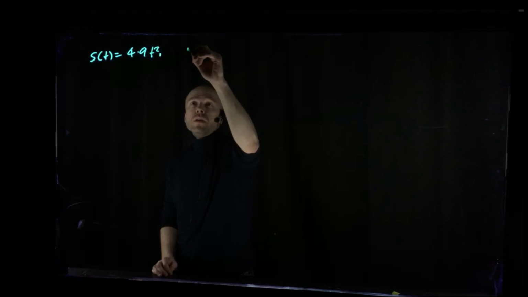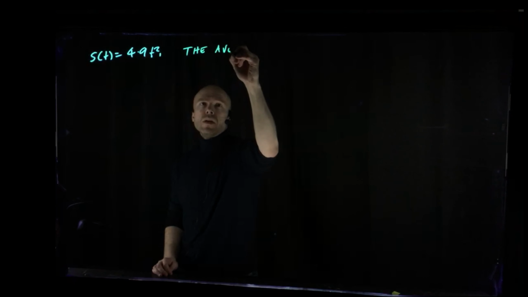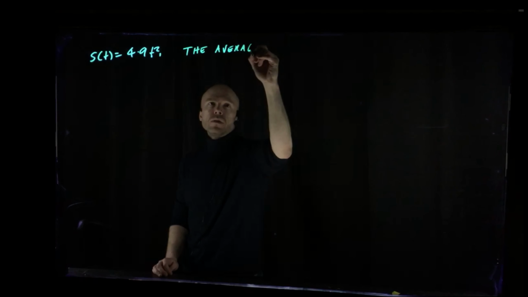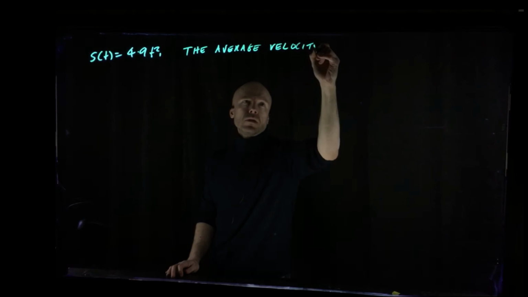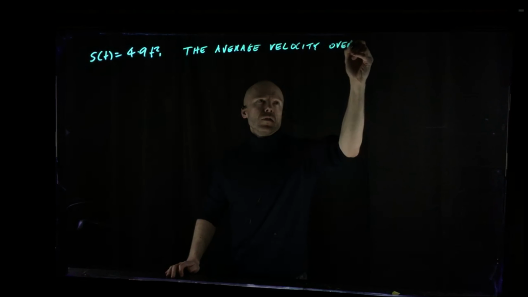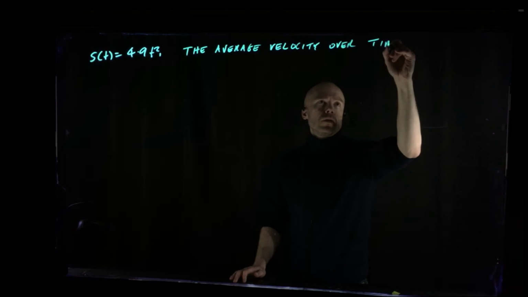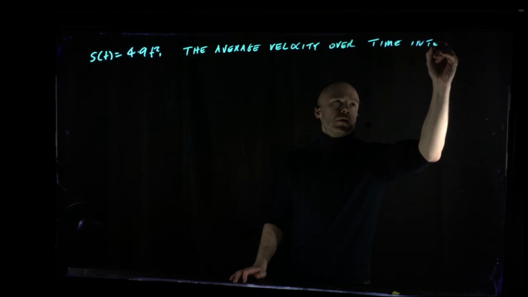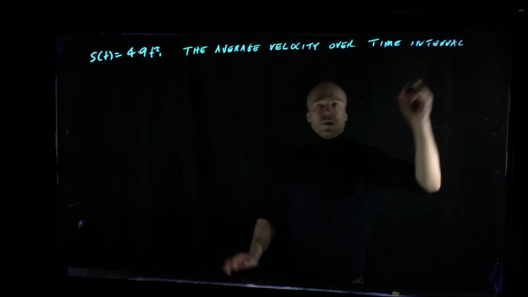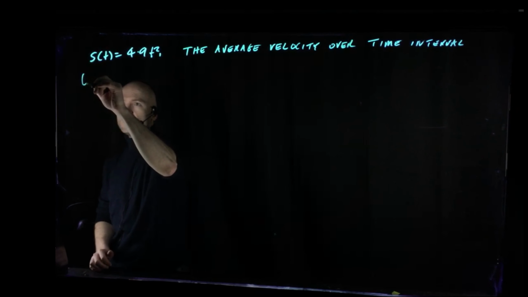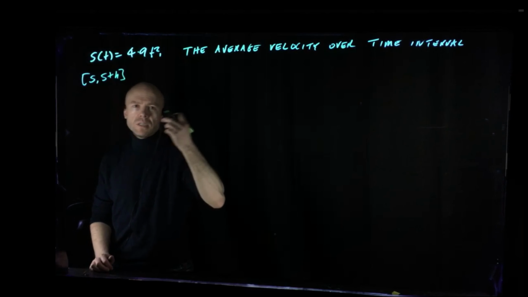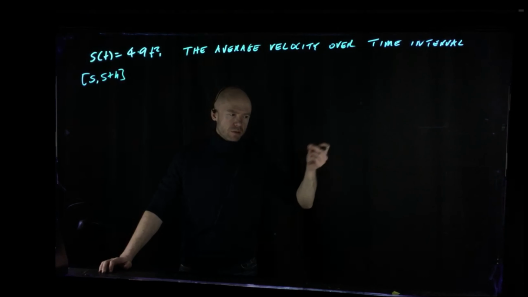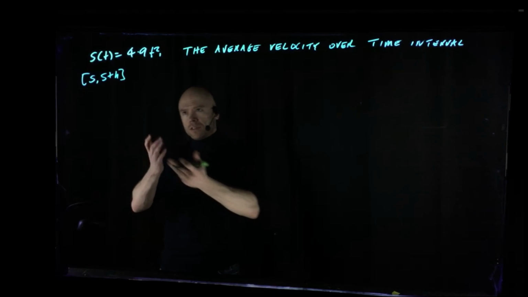So the average velocity over time interval 5 to 5 plus h. Now h is just some small number. So previously we took h to be 0.1, but let's just not define it.